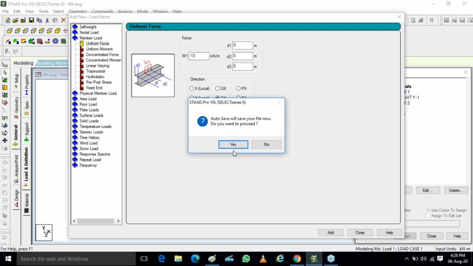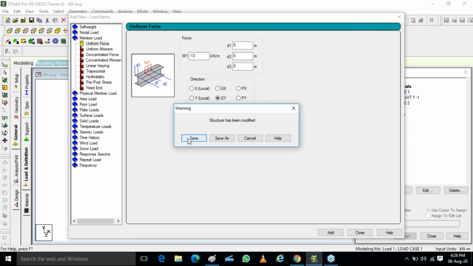Okay, so I'll add these with global directions. These steps are the same as what we have done in previous classes.